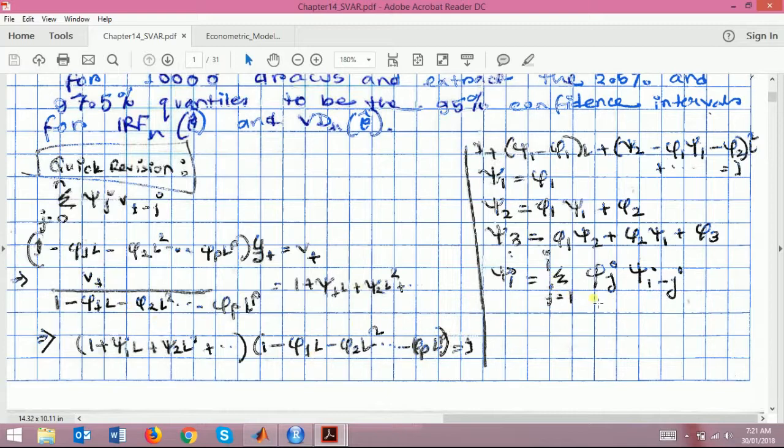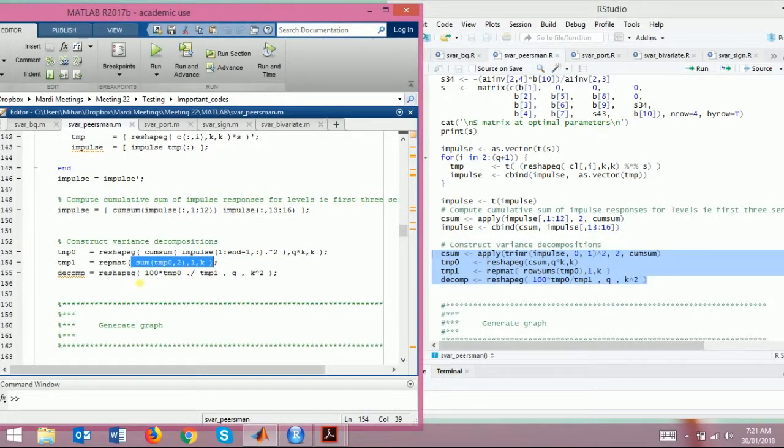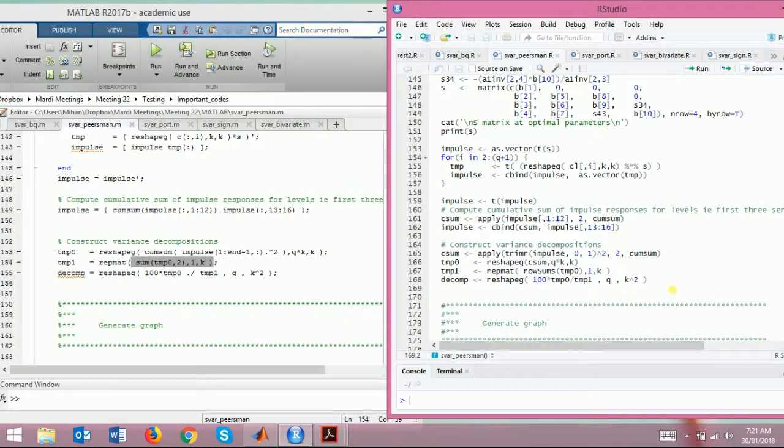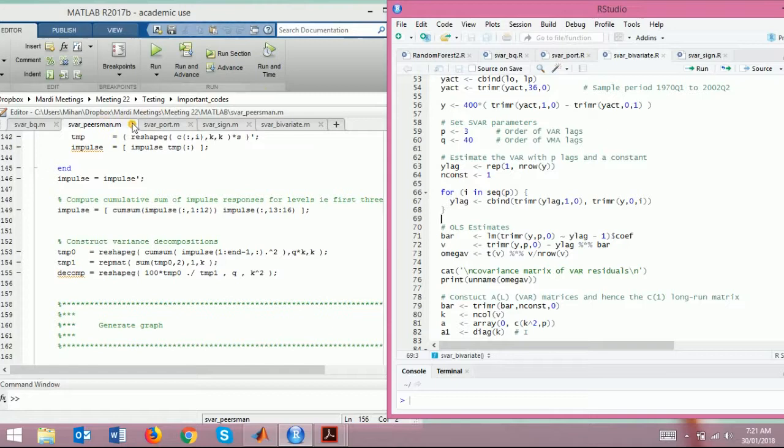So that is the relationship, phi j, psi I minus j. So we can write the decomposition as this, dividing them by q square. So just memorizing. Some things require memorizing. It's very difficult to some extent, but very important. So variance decomposition, you have it. Okay, that one is done.